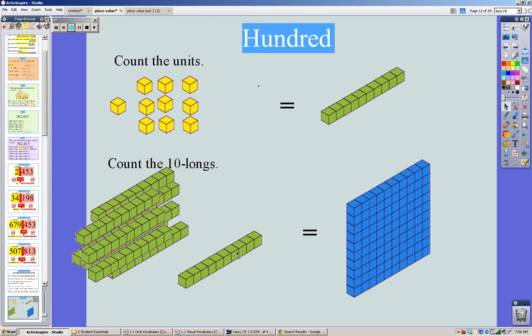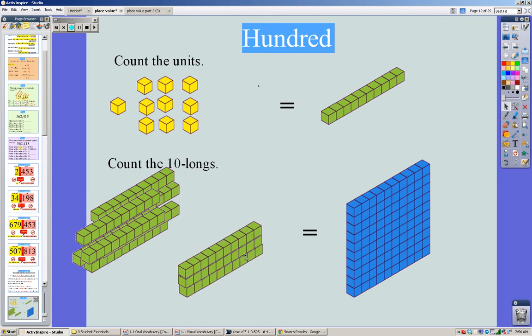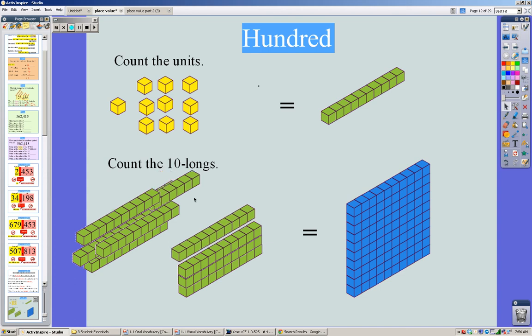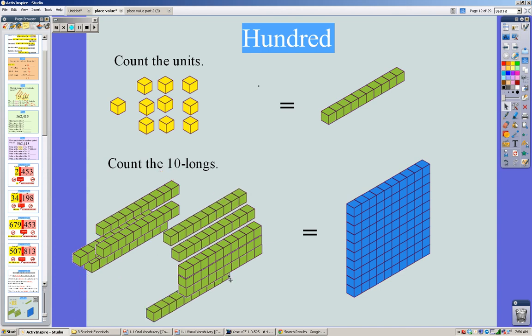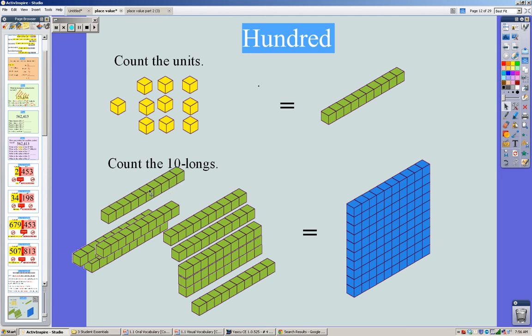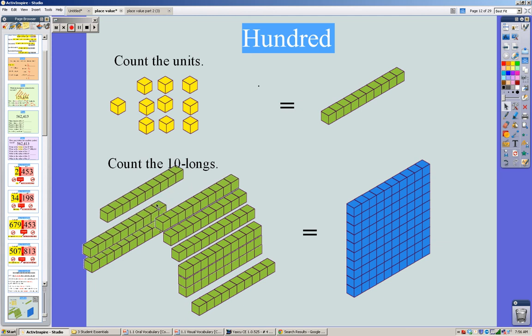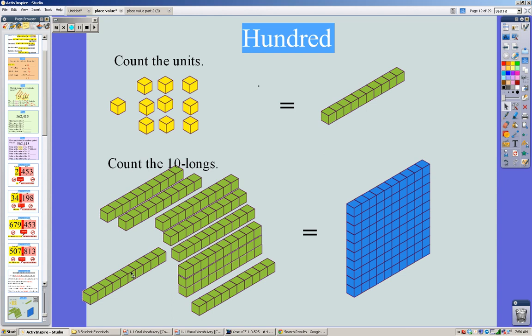Now, if we have 10 of these rods or longs, we can look at it like this. 1, 2, 3, I don't know if they fit together exactly right, but we'll just do it like this. 4, 5, 6, 7, 8, 9, 10. We have 10 of these rods, and they equal a mat, and a mat is 100.